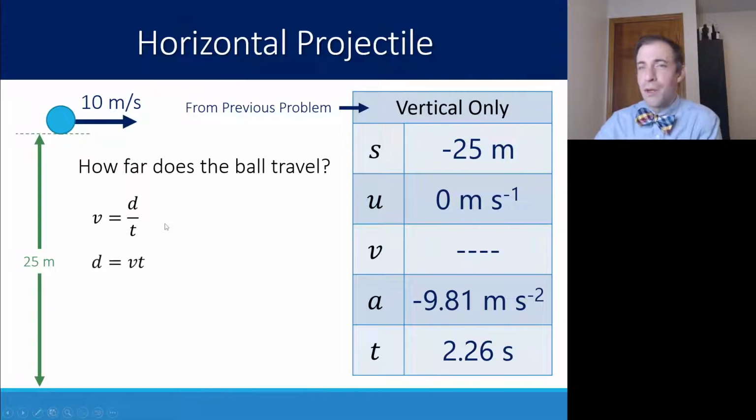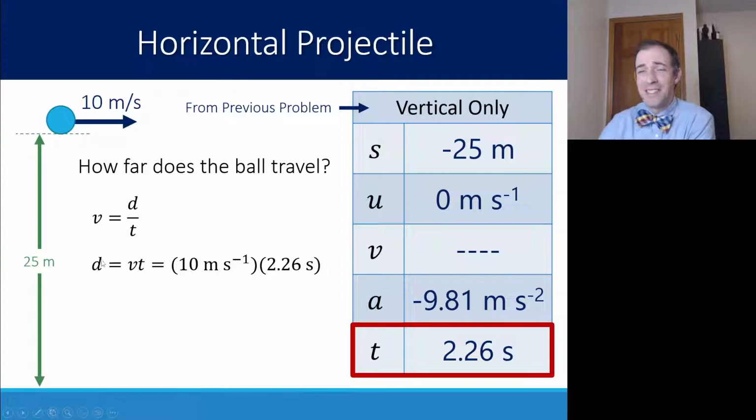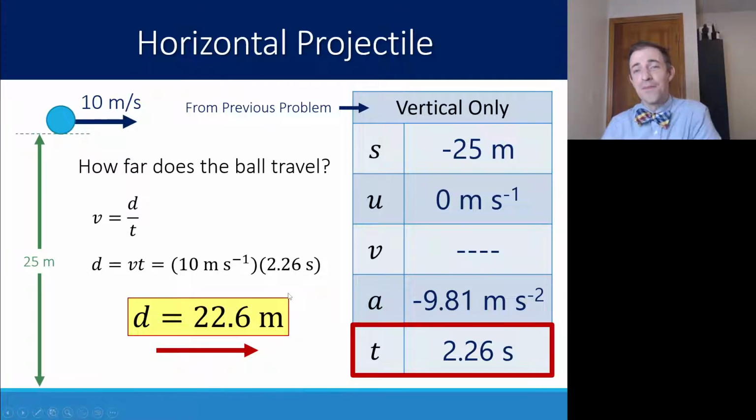Well, we can rearrange that and say that the distance that it travels horizontally is the velocity horizontally times the time. Well, it's in the air for as long as it takes to fall. We calculated that to be 2.26 seconds. So the distance is going to be 10 meters per second times 2.26 seconds, or 22.6 meters.